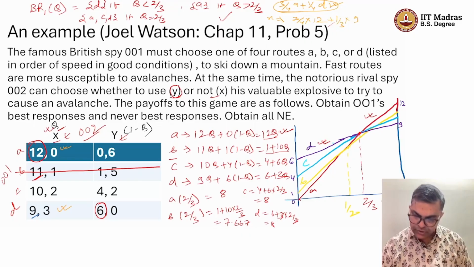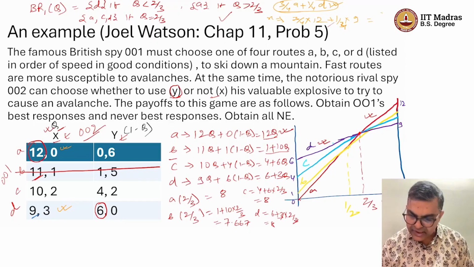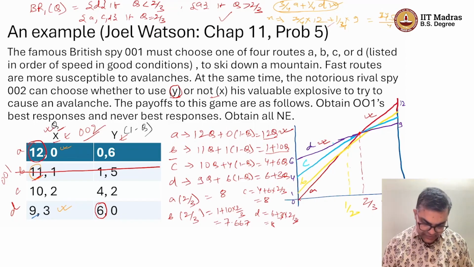So 12 multiplied by 3 is 36, plus 9 is 45, divided by 4, definitely larger than 11.